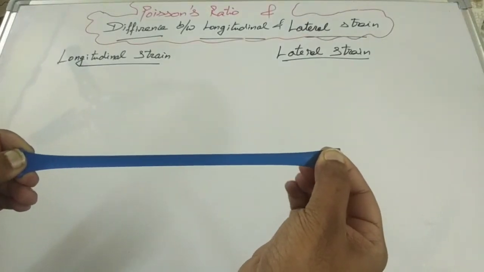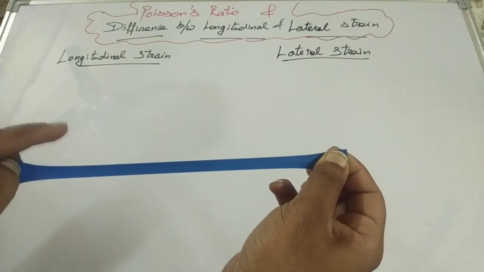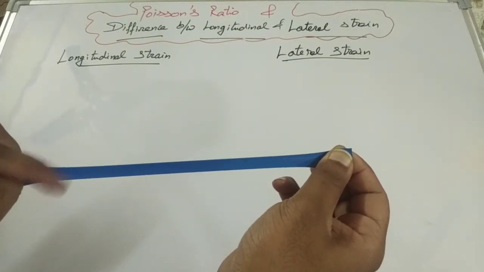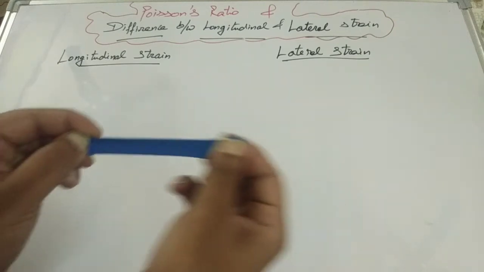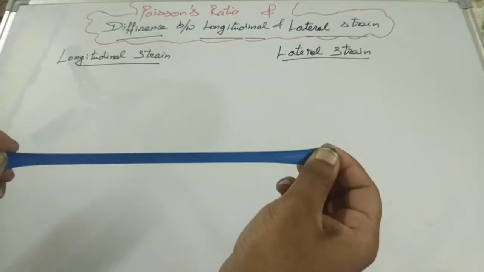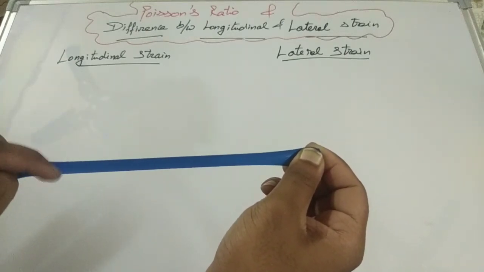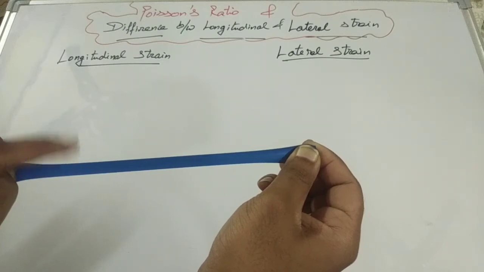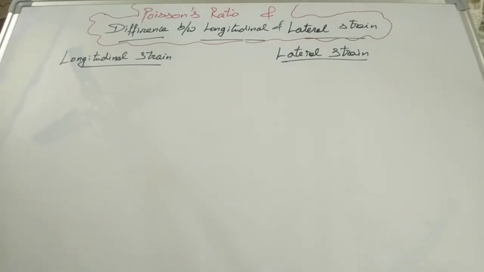See, the length of the body is going to be changed, and secondly the thickness of the body is also going to be changed. So there are two changes majorly which are coming. First one, length is increasing, and secondly a deformation comes perpendicular to the action of load, meaning the thickness is also going to be reduced.